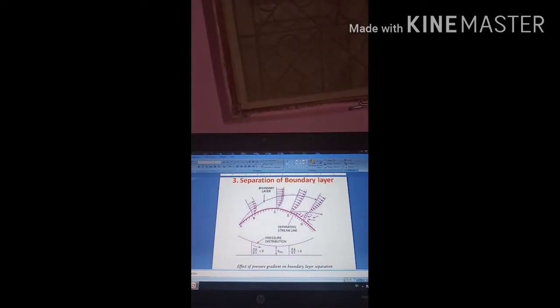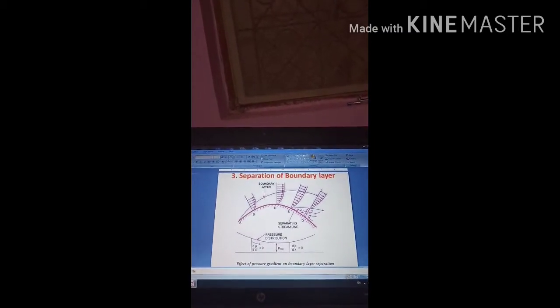Now as you know, as you go along the surface, the shear stress tau that is acting on the solid boundary because of the fluid is opposing the motion of the body itself, and because of that the pressure goes on decreasing.